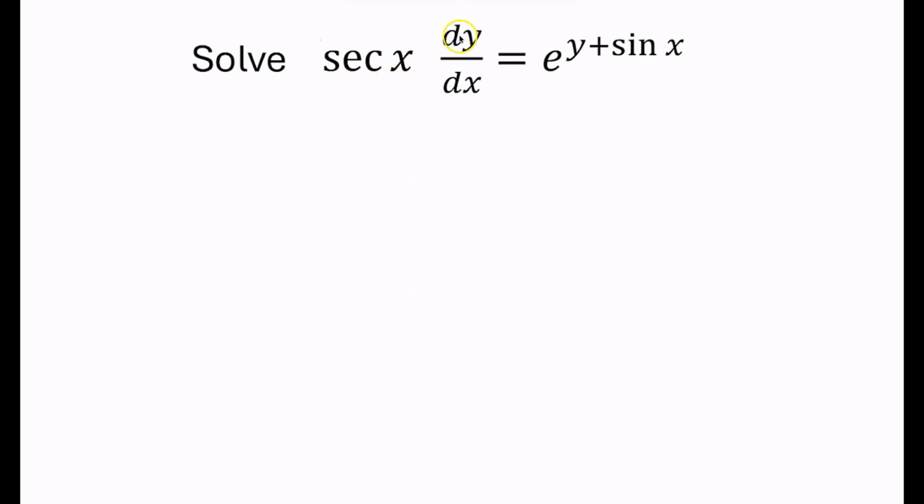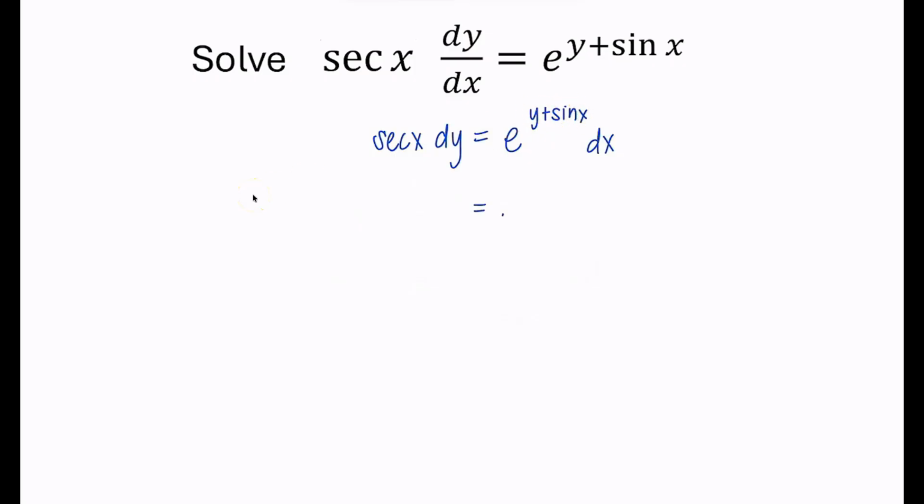Let's solve secant x dy dx equals e to the y plus sine x. Let's start by multiplying the differential dx to the other side. So we're going to have secant x dy is equal to e to the y plus sine x dx. Now, on the right-hand side, we're going to use a property of exponents here because I have both a y and an x up in the exponent.